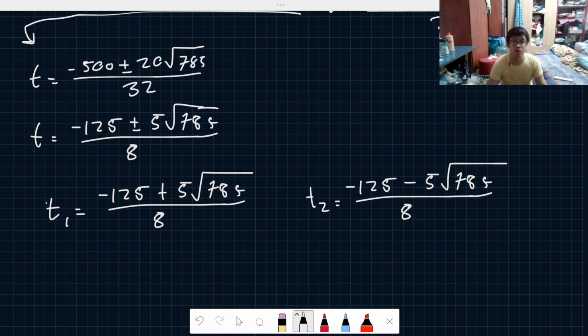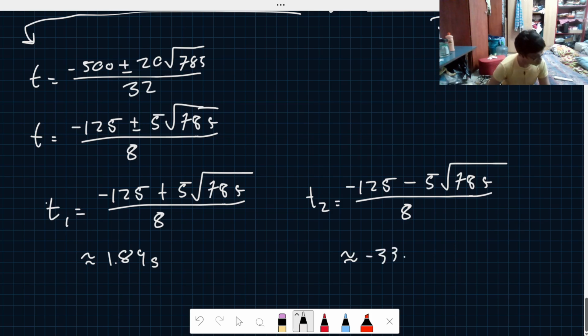Now let's take a look at their approximate values. For the first value, you have approximately 1.89 seconds. On the other hand, you have negative 33.14 seconds.